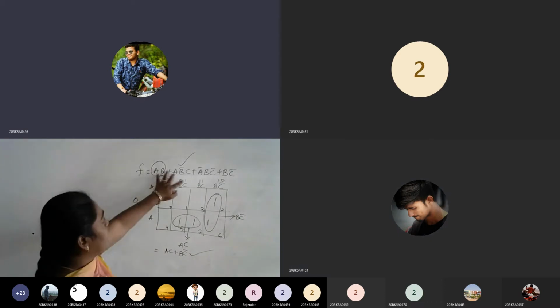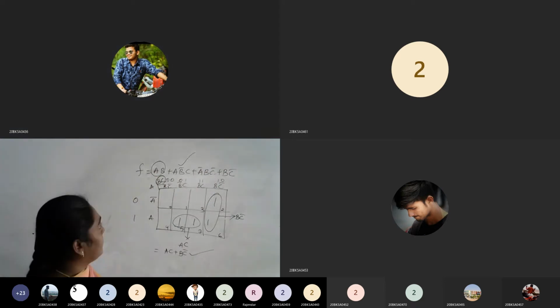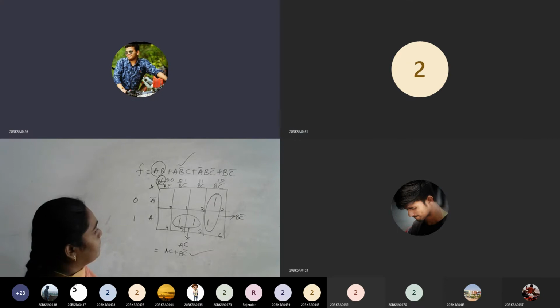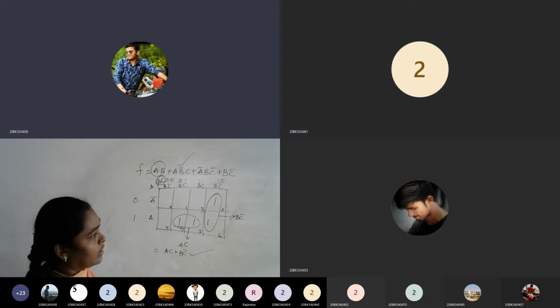Now in order to implement this, can anyone tell me how many gates are required for the given question? 7 gates, ma'am. How do you require 7 gates? Don't consider the NOT gate, just consider AND and OR.